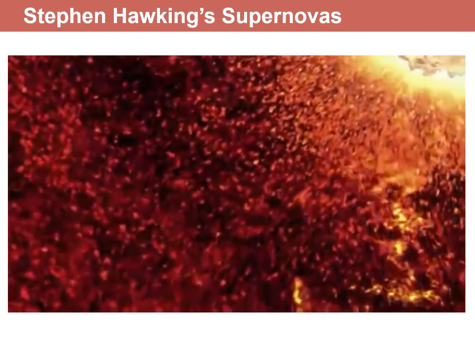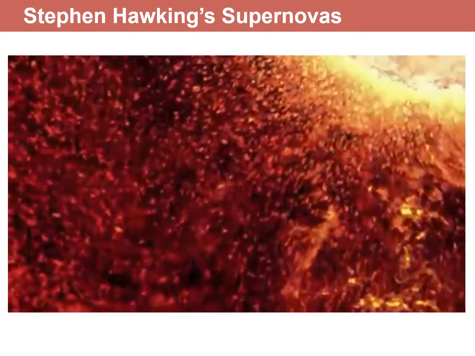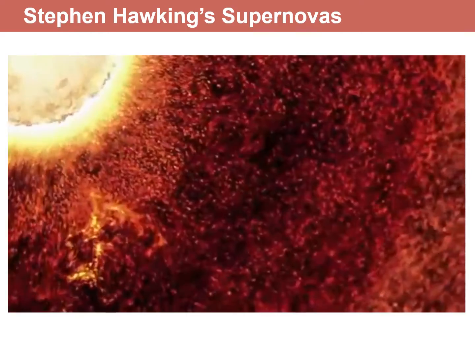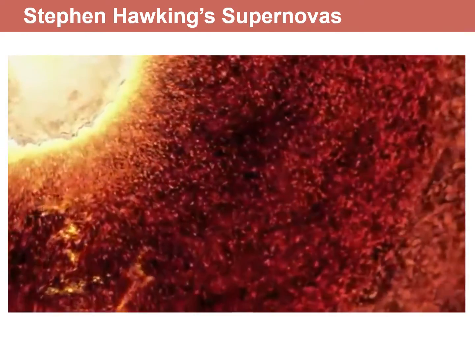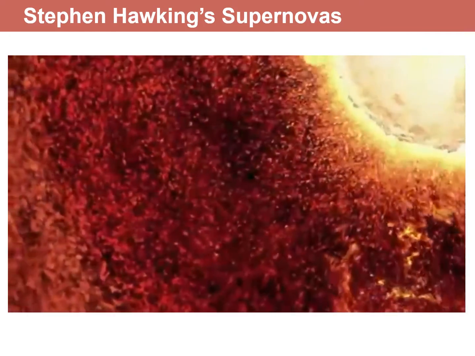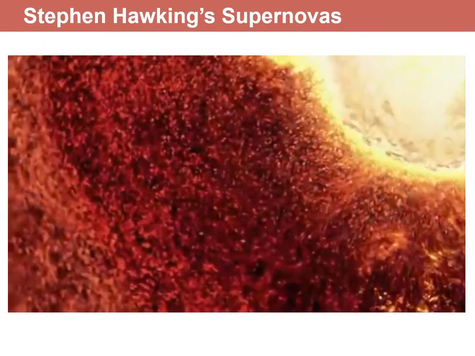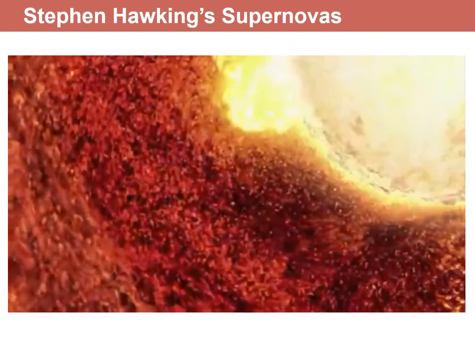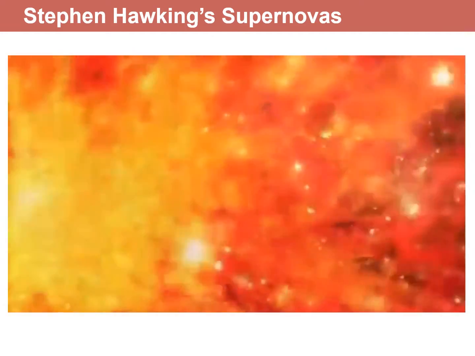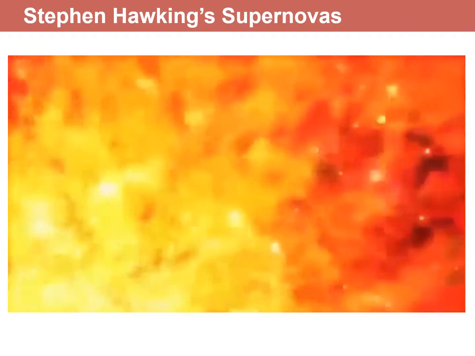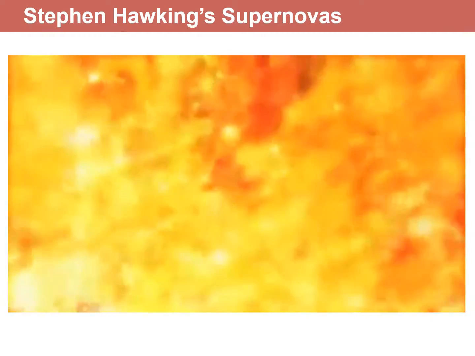But helium is slightly heavier than hydrogen, so it sinks to the center of the star. And now the helium atoms take center stage. As they fuse together, they produce even more energy and form yet another new element, carbon. A vital building block of every living thing.